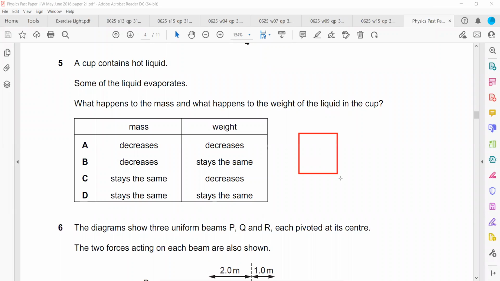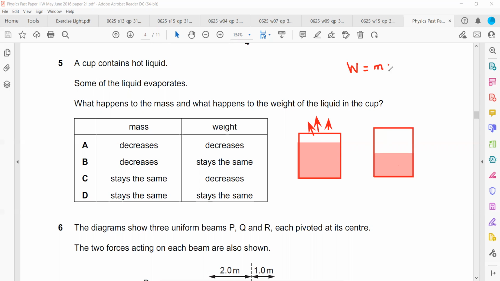When evaporation occurs, in evaporation the most energetic molecules at the surface escape. So the molecules which are left behind will have low energy. So what happens to the amount of the liquid as the liquid evaporates, or the number of particles? Due to evaporation, the number of particles decreases. If the number of particles decreases, what happens to weight? Weight will also decrease, because we have the formula weight is mass multiplied by gravity.